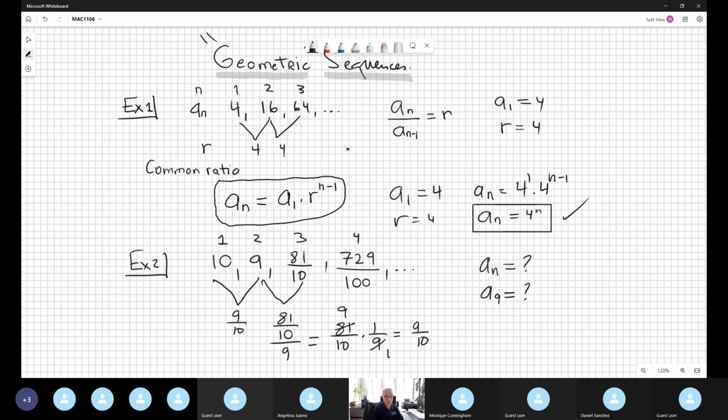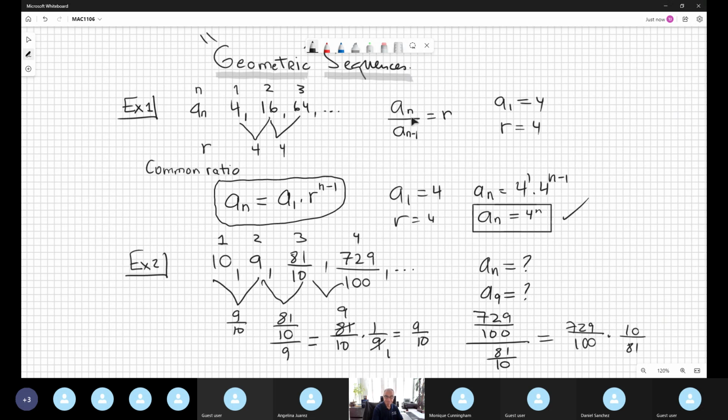You want to make sure, so let's do the last division: 729 over 100 divided by 81 over 10. Copy 729 over 100 times the reciprocal, which is 10 over 81.